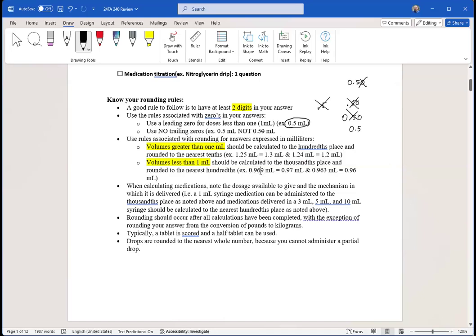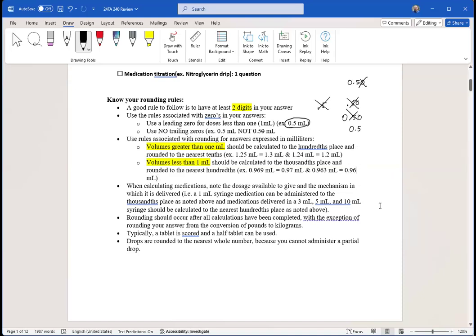You're going to look at the thousandths place and round to the nearest hundredth. If it's 5 or greater, round up to 0.97. If it's 4 or fewer, don't round up, just drop the numbers after the hundredths place. So you want to have those two digits.